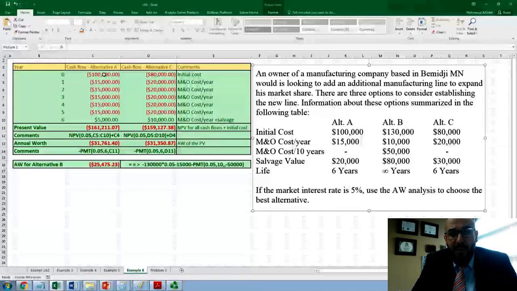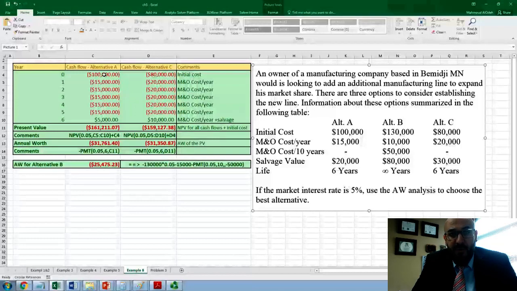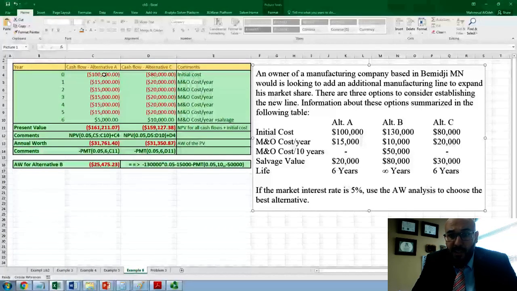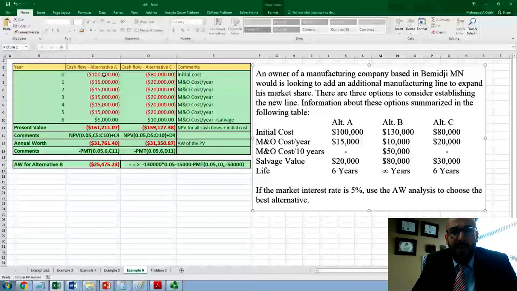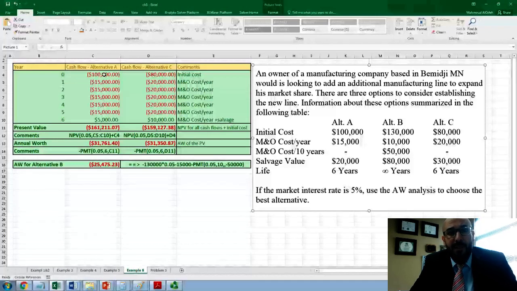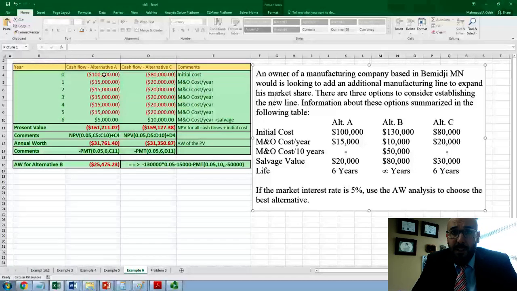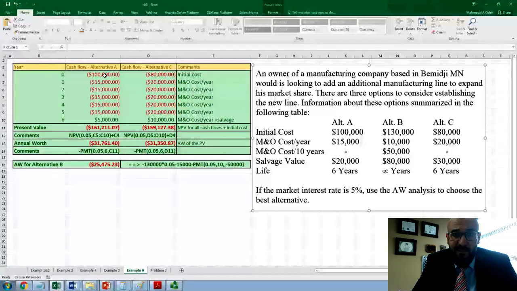So what you need to do is build your cash flow for both alternatives for 6 years, because both alternatives A and C have a 6 year lifetime, and look at what transactions happen each year. On year 0, we have only the initial cost for alternative A, equal to 100,000, and this is negative because it is a cost that you paid.